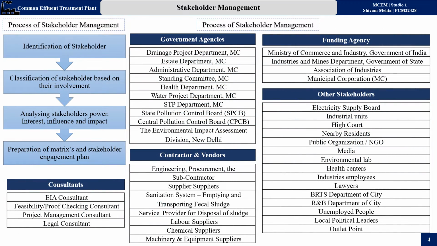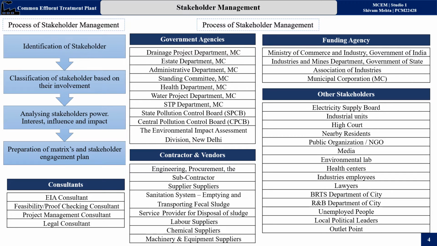Now we will see stakeholder management. For stakeholder management, the process was: first we identify stakeholders, classify stakeholders based on their environment, analyze stakeholders' power, interest, influence and impact, then prepare matrices and stakeholder engagement plans.